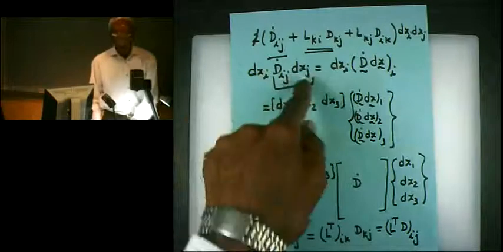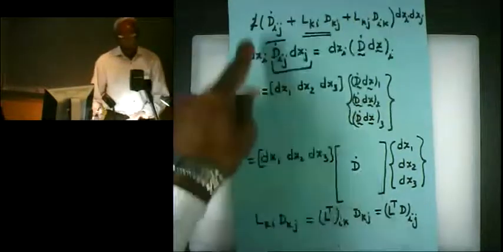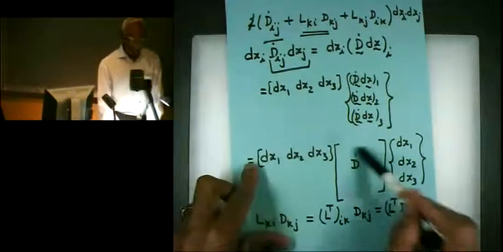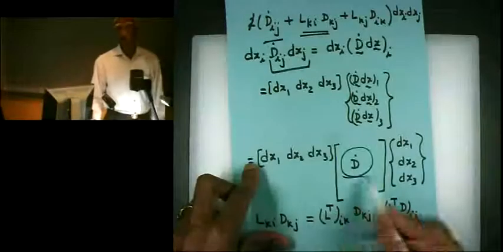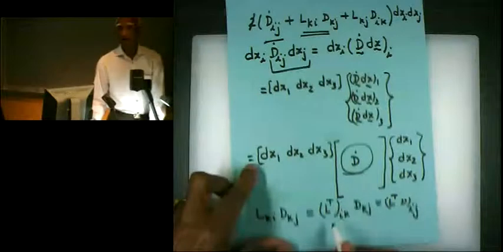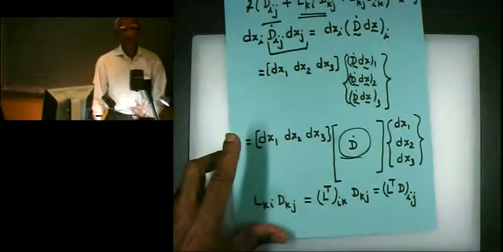So we arrived at this step. Now to evaluate this term, dxi, lki, dkj, dxj, all you do is replace this D dot by L transpose D. Is it okay? Or it doesn't make sense?